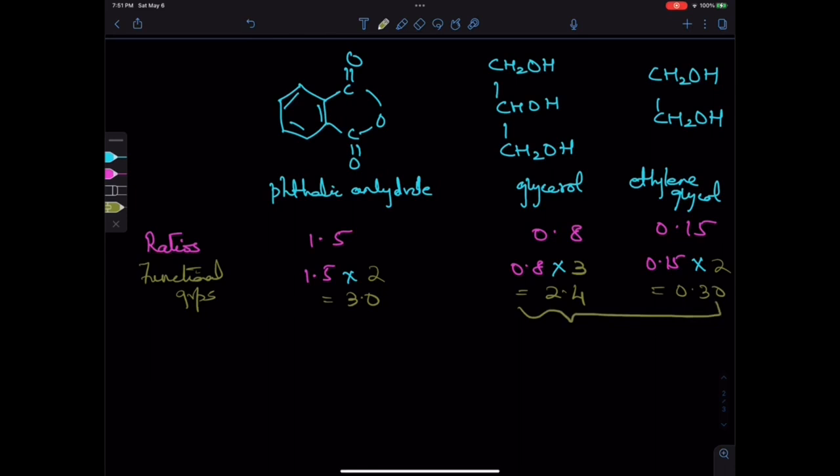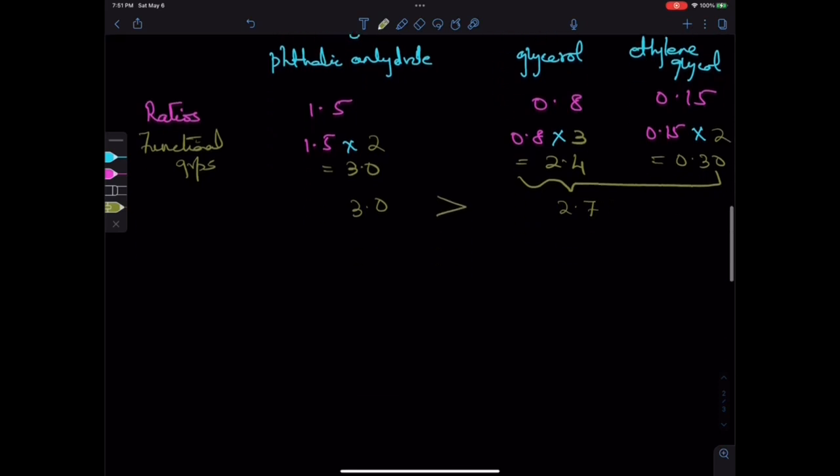Which is less than the amount of carboxylic acid groups, which is 3.0. So the hydroxyl group is deficient and the carboxylic acid group is in excess. So while finding F average, we are going to use the hydroxyl group.